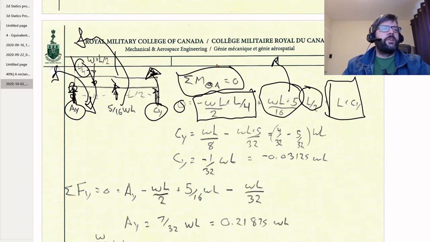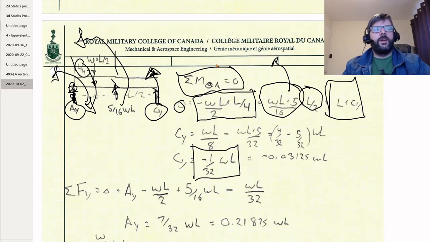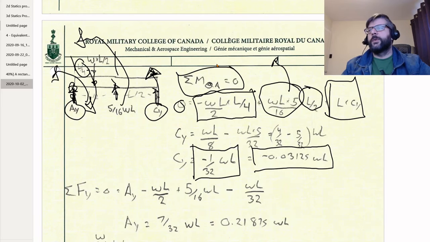Just solving for CY, WL over 8 minus WL times 5 over 32 gives us a CY of negative 1 over 32 WL, or in decimal terms, negative 0.03125 WL.